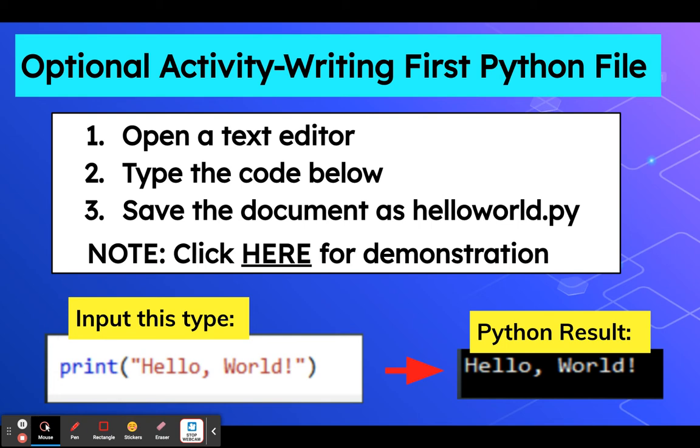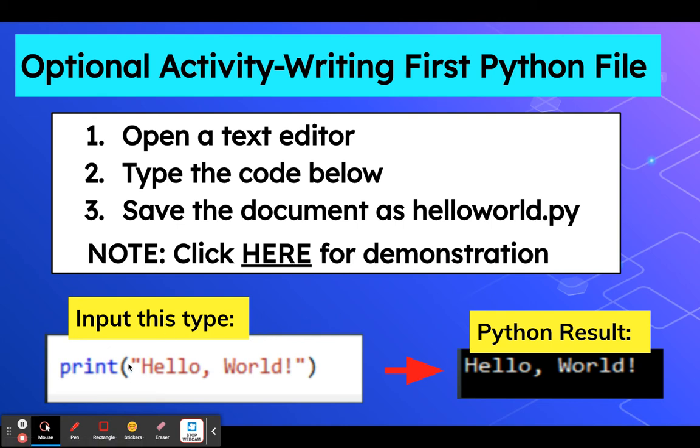I have two optional activities. You can open the text editor on your computer and type the code below, then save the document as hello world. Here is a demo; you click here and it goes to a YouTube video that does a demo for you.